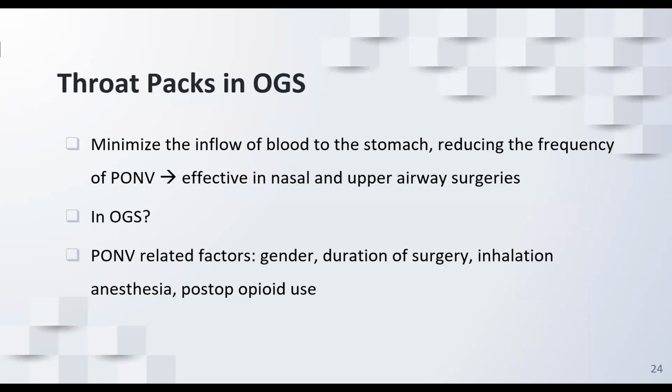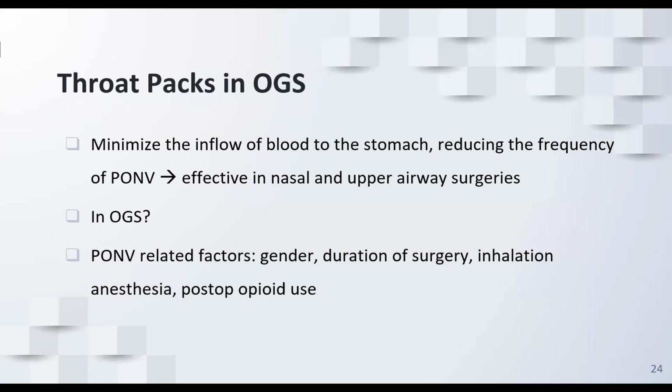So one of the reasons for the use of throat packs in OGS is to minimize the inflow of blood to the stomach and reduce the frequency of PONV. The real effectiveness of throat packs in preventing PONV is in nasal and upper airway surgeries. However, the effectiveness in OGS is not proven yet.